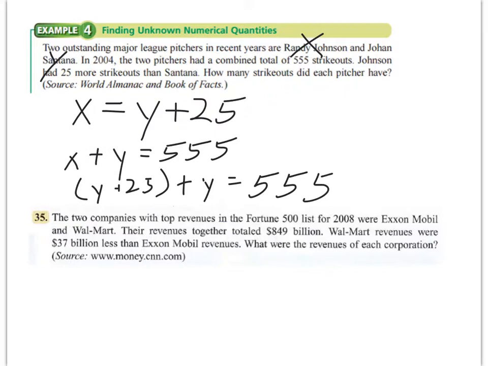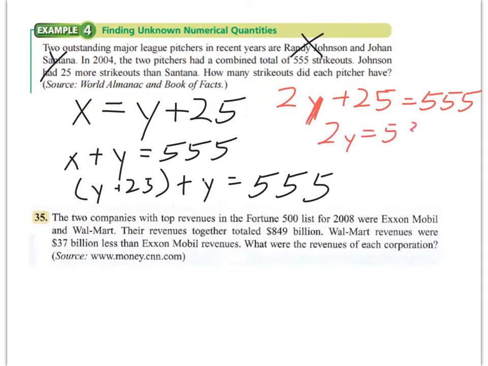When we simplify the left side, of course, we get 2Y plus 25 equals 555, and that's a Y there, just to emphasize that. Now it's a funny looking Y. From there we would just subtract 25 from both sides of that equation, so we get 2Y equals 530.